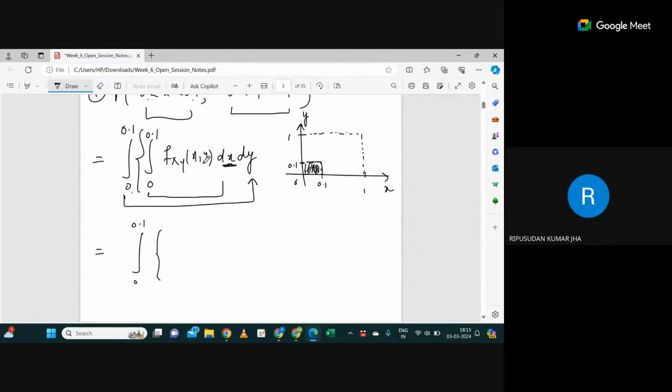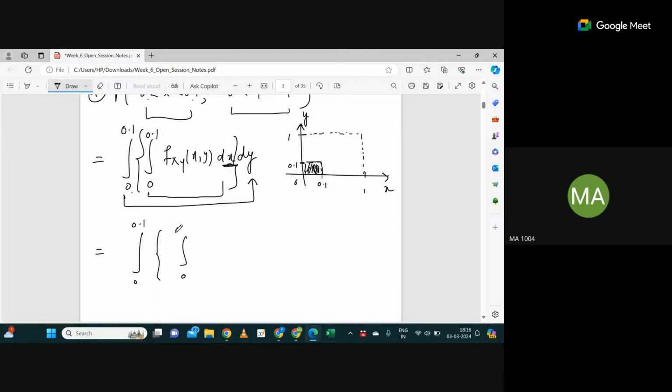Can we split the integral sign for dx and dy? Yes, we split it. We can also do it vice versa. Anyway, we will get the same correct answer.